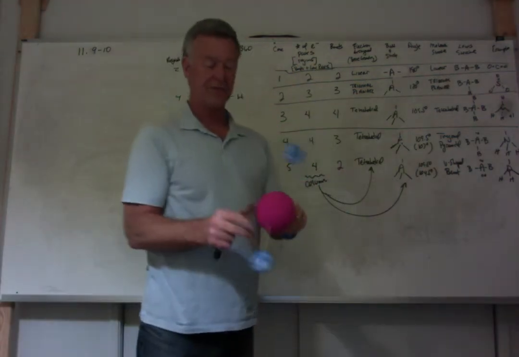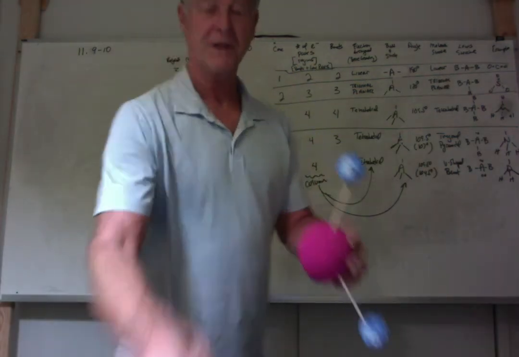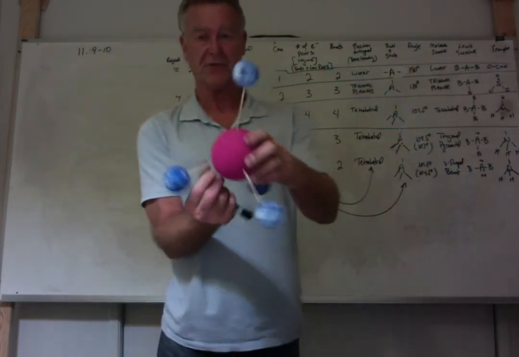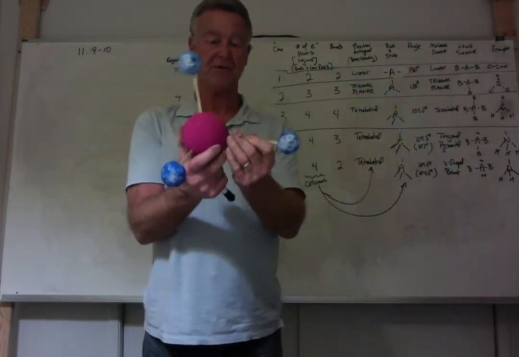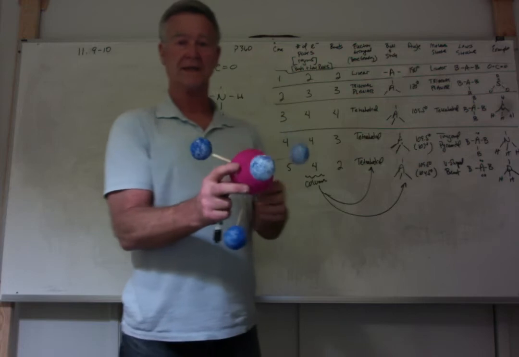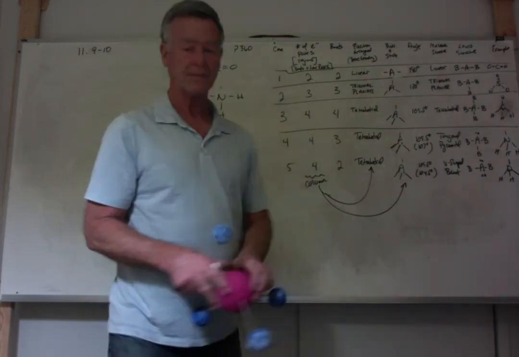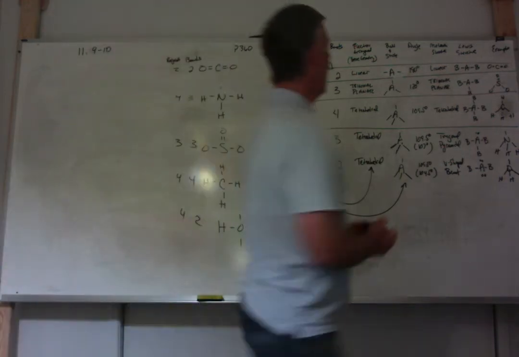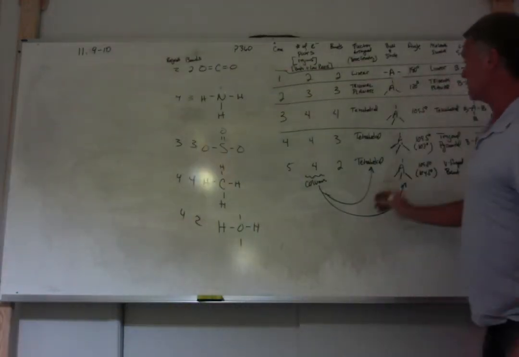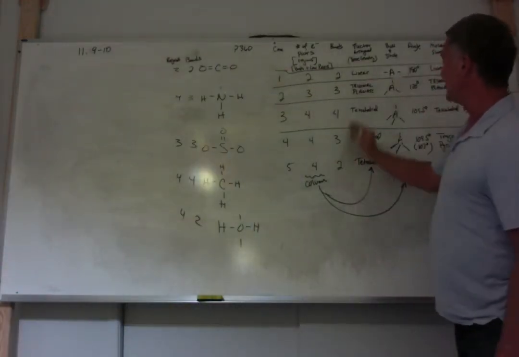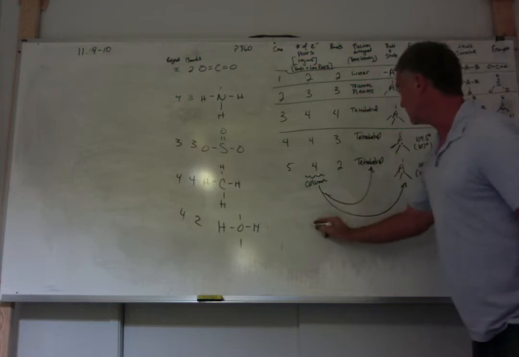And then the 4 will always be arranged, as we've already mentioned, with 109.5 degrees as our tetrahedral geometry. This next column, the molecular structure, comes from a combination of these 2 columns.